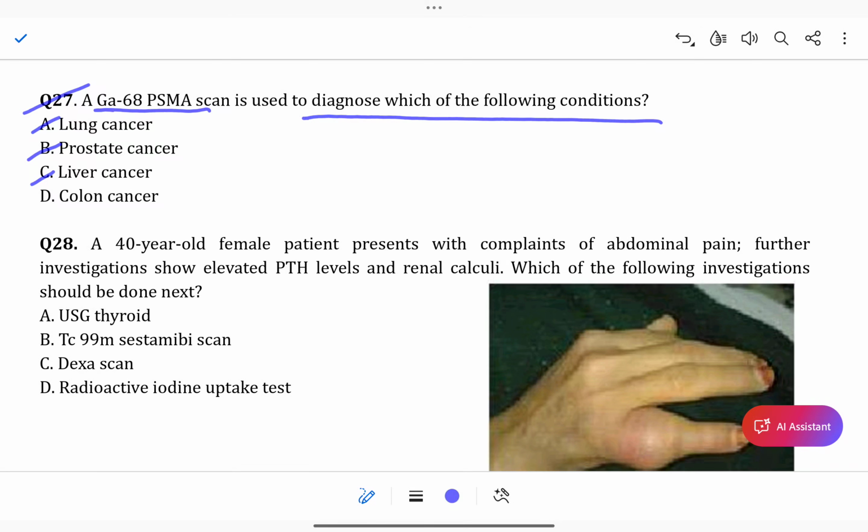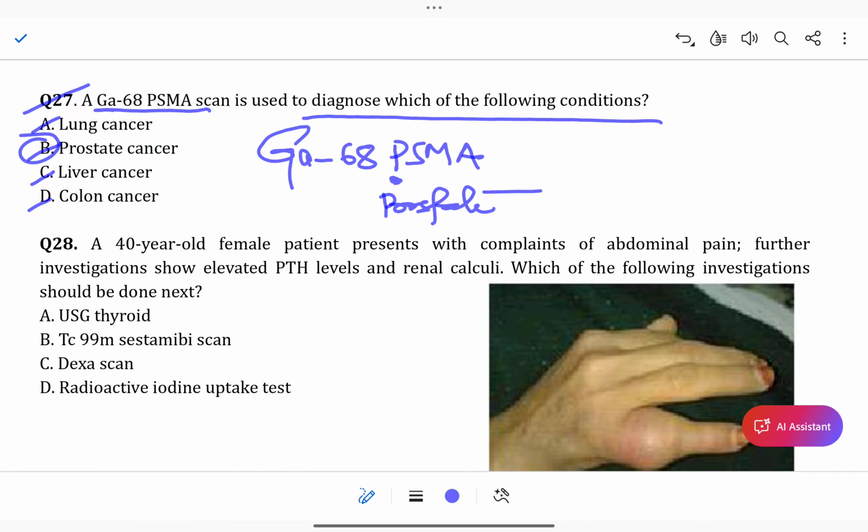C, liver cancer. D, colon cancer. Ga-68 PSMA. Here is P. So the answer is prostate. Okay, so the answer is prostate.